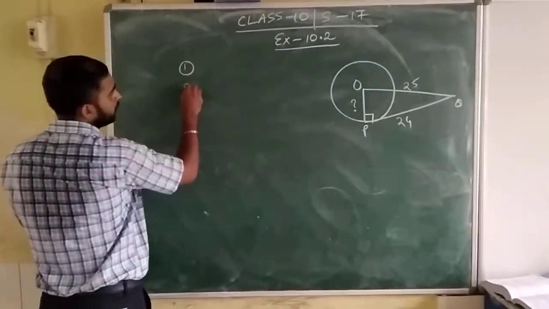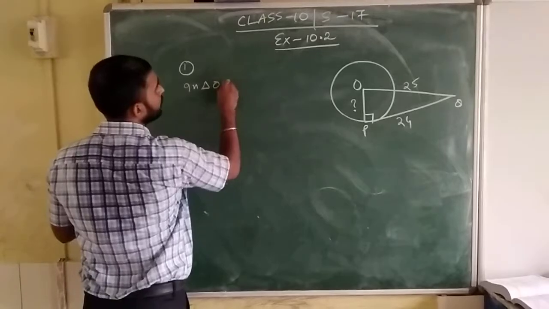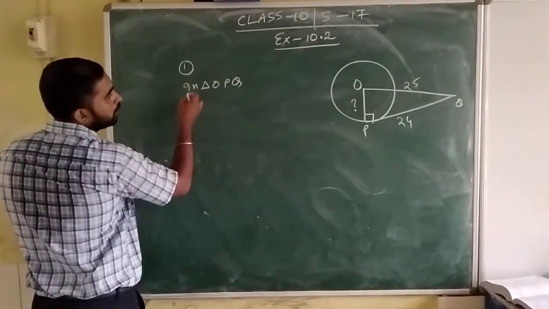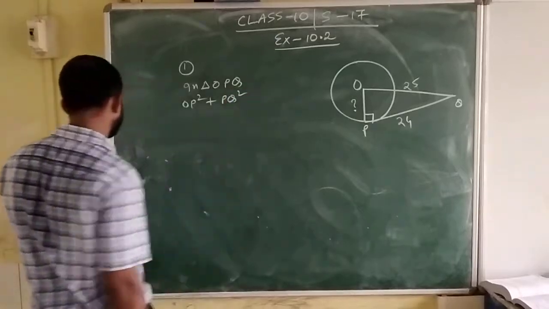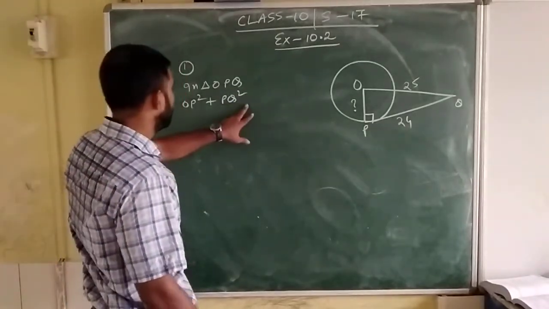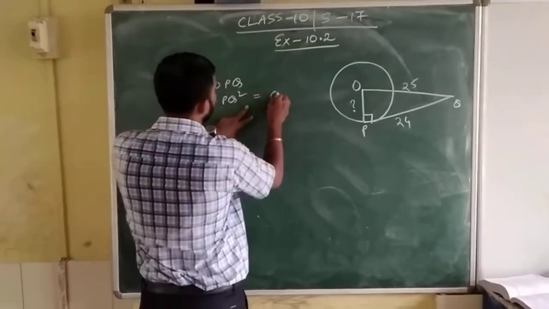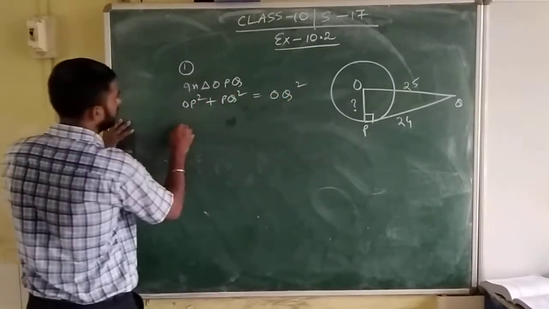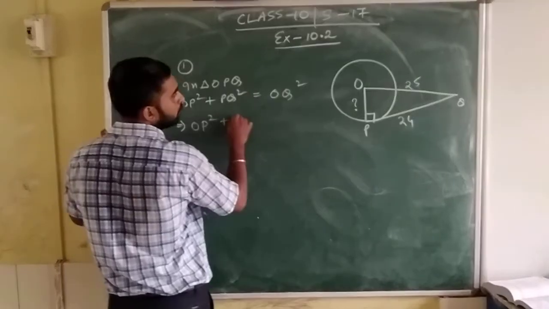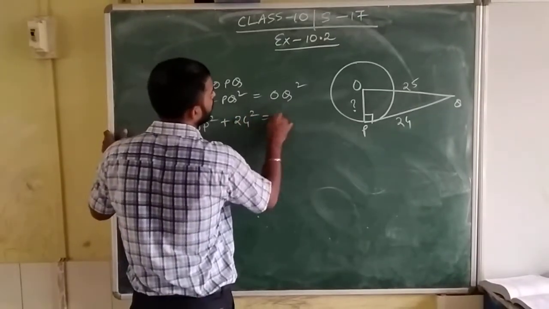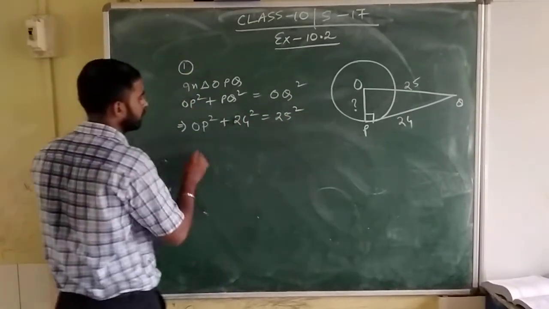So again, in triangle OPQ, OP squared plus PQ squared equals OQ squared. Now what is OP? OP we don't know. PQ is 24, OQ is 25.